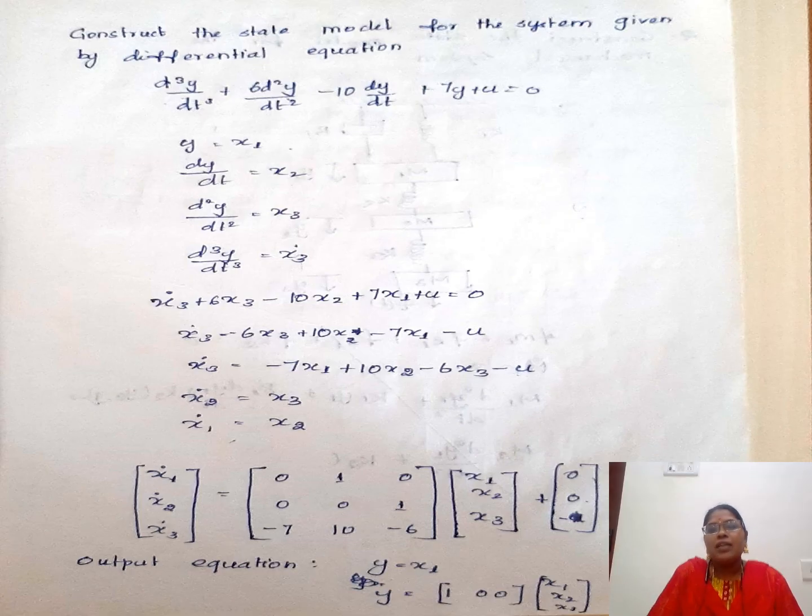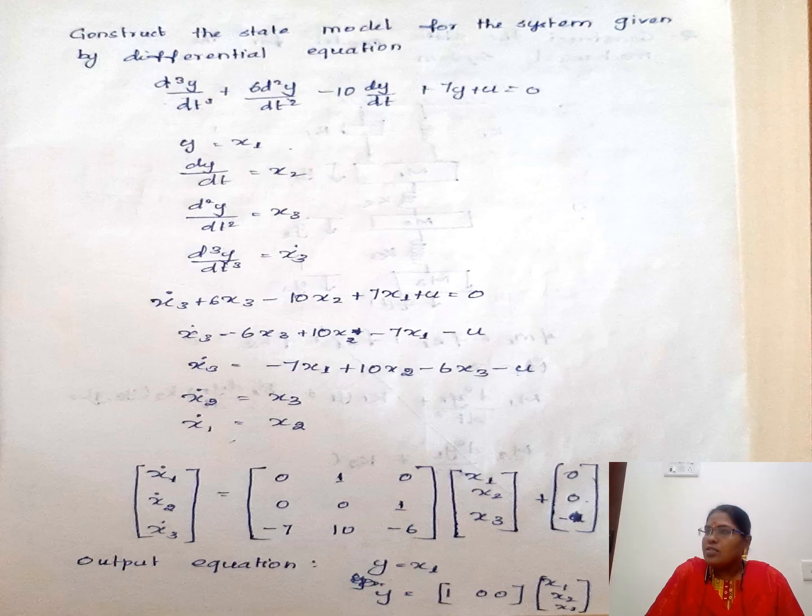Instead, I'm taking the derivative of x3, x3 dot, which is d cube y by dt cube, so I can avoid one state variable and easily convert into a first order derivative of the state variables. These are the conditions we have to assume.